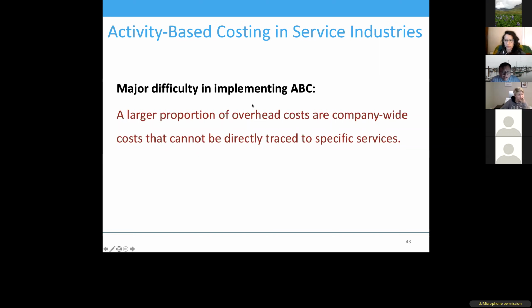Those company-wide overhead costs sometimes cannot be directly traced to specific services. It's really hard to trace the overhead costs that are company-wide to specific services.